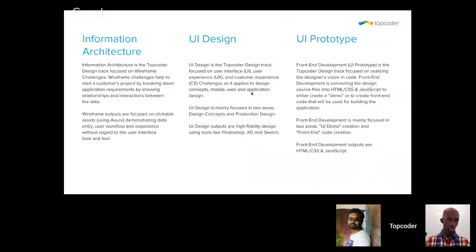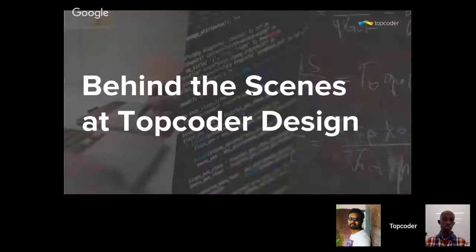Depending on what the client is actually looking for and using the prototype for, we'll split this into what we call a UI demo or actual front-end code. Usually a UI demo is something that they're just demoing, and it isn't necessarily going into full production. So that's the quick recap of Topcoder Design.